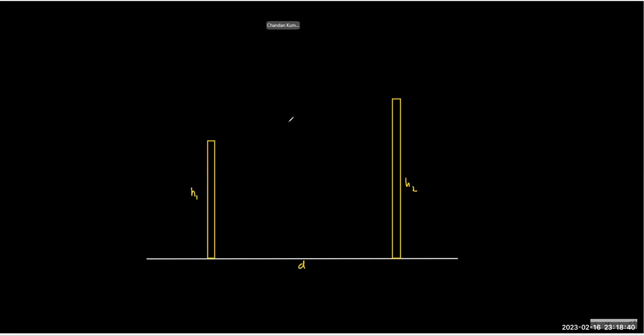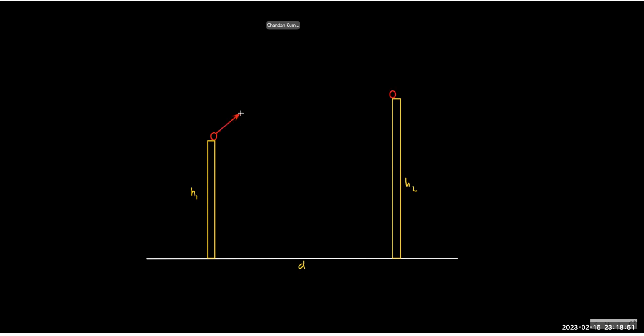So there are many applications. I'll just give you one of the questions. Let's say we have two towers, H1, H2, height, D is the separation. And there are two projectiles. Both are thrown simultaneously.